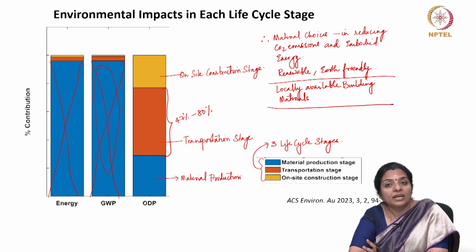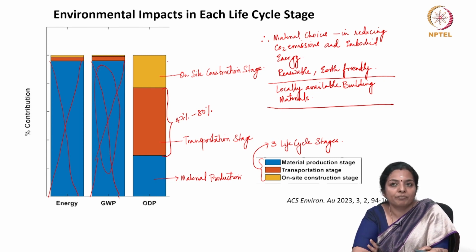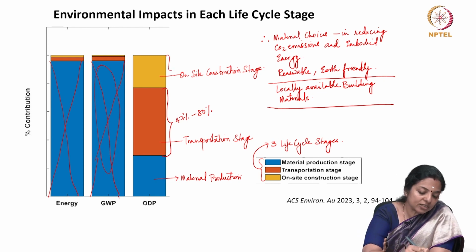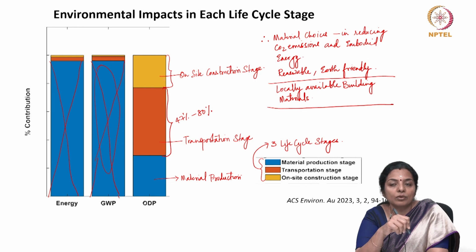And then the final on-site construction stage constitutes about maybe 1 to 5% of the total impact of all the categories, except in the ozone depletion stage. And why is it that in the ozone depletion stage, on-site construction stage, the damage happens more?